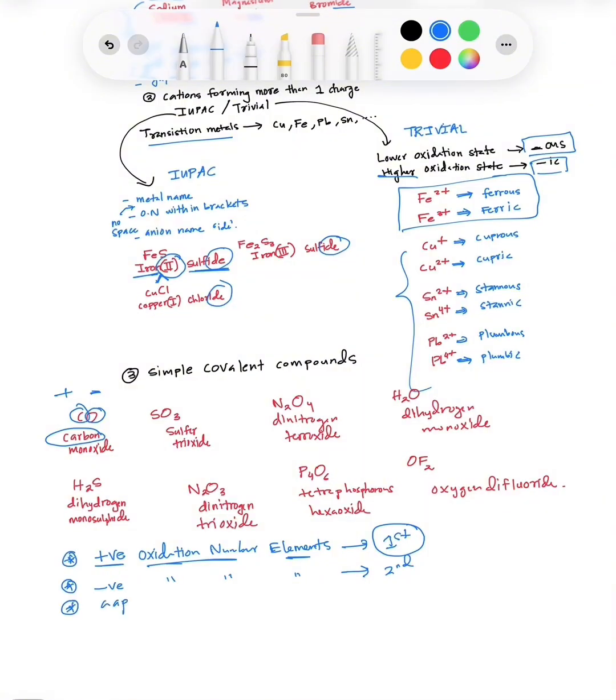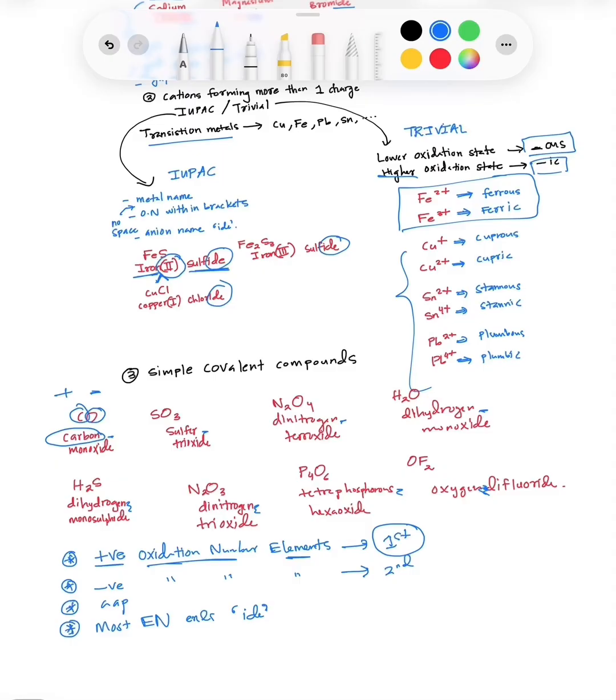The third rule is we have to give a gap between those two terms. Now this is the positive oxidation number element and this is the negative oxidation number element. There should be a gap between them. Okay, I have made a mistake here. There should be a gap here, gap, gap, gap. And then the fourth one is the most electronegative element ends with ide.